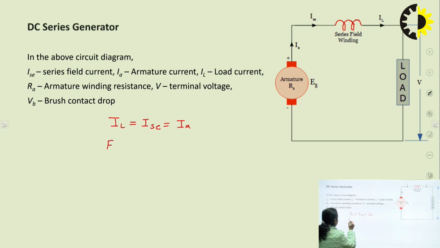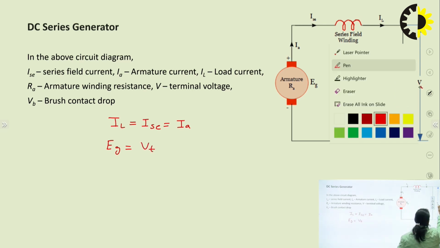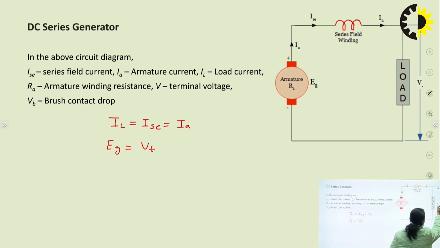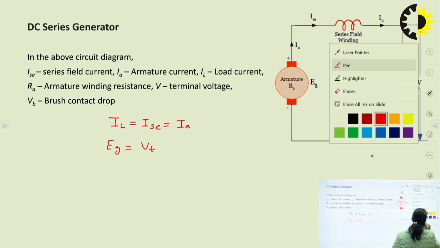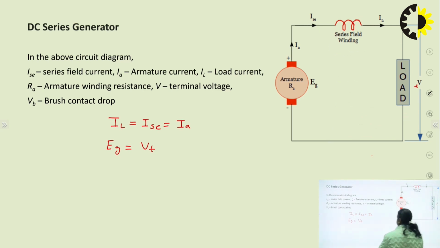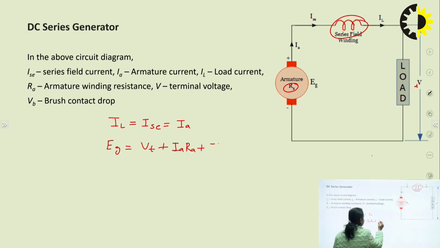Now what will be the value of EG? EG will be equal to the terminal voltage VT, plus the drop because of the armature resistance, IA RA, plus the drop because of the field winding, ISC RSC, plus VB.